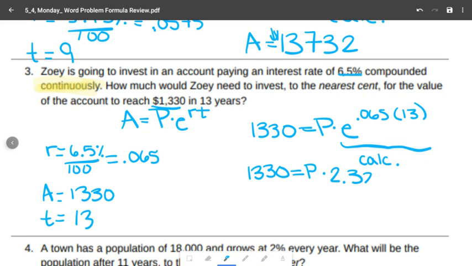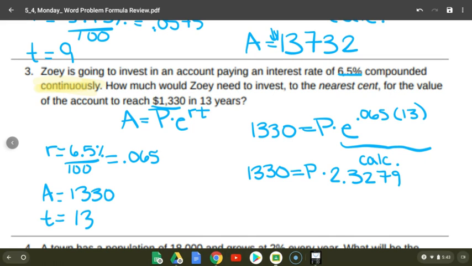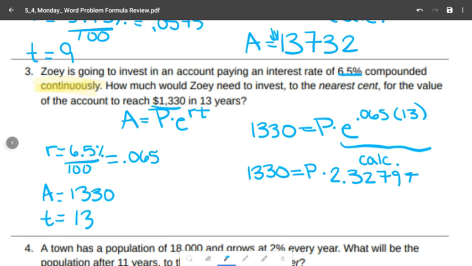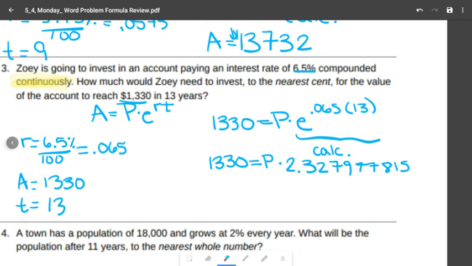So 2.327977815. P is multiplying with this number. So to get P by itself, we are going to divide this number to the other side.